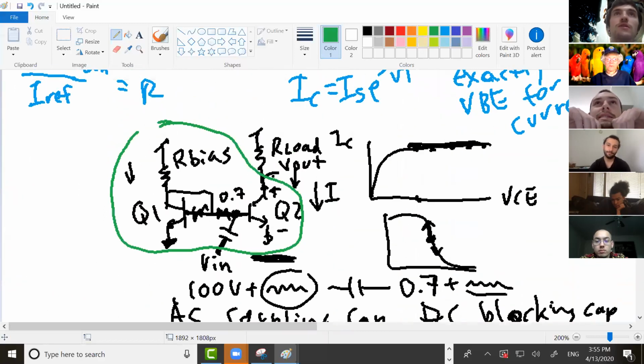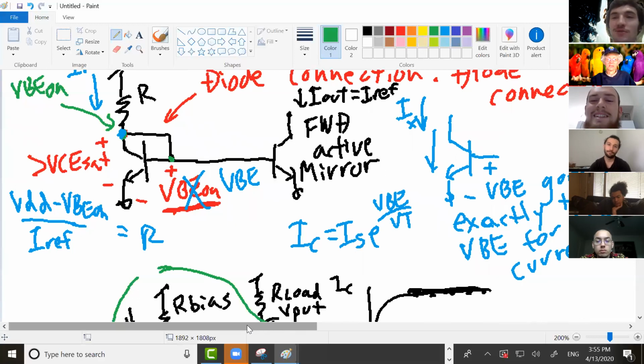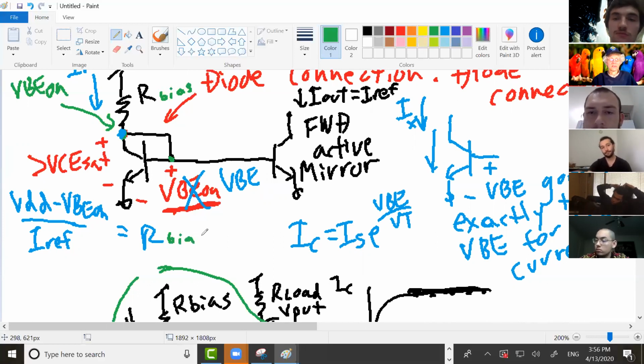When up here, when we calculated R bias, that's right here. So this is actually R bias. And this would be R bias. This is a nice friendly calculation.